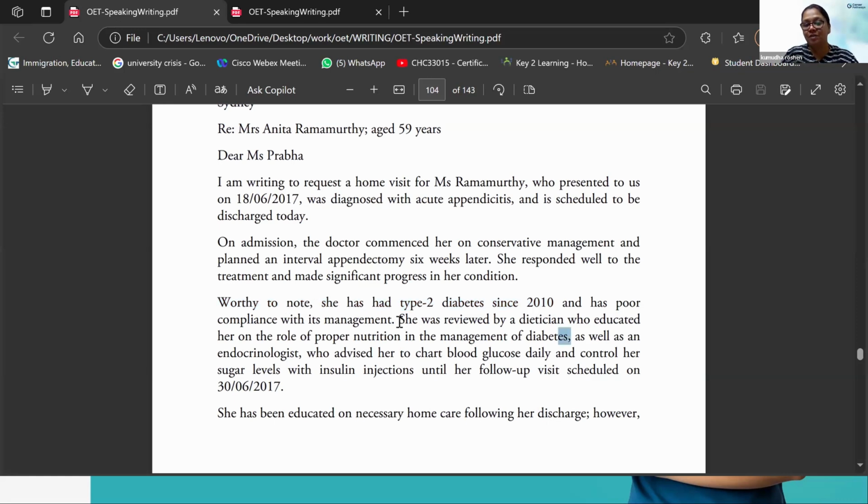Now, do you see this information? She was reviewed by a dietitian. All that information about her consuming a fat-rich diet is omitted. But the one single statement says that she was reviewed by a dietitian and she needs to manage her diabetes. The dietitian has educated her regarding proper nutrition and management of diabetes.